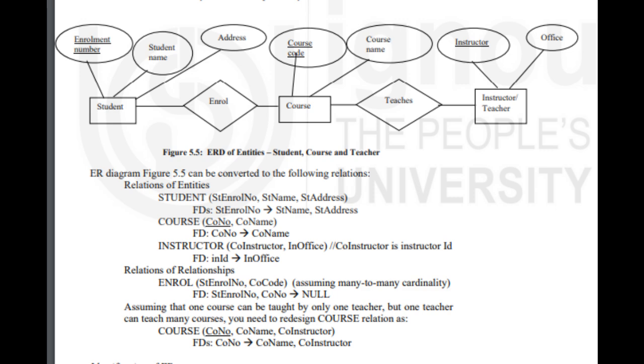Thus, FD X→Y means that the values of the Y component of a tuple in A depend on, or are determined by, the values of the X component. In other words, the value of the Y component is uniquely determined by the value of the X component.